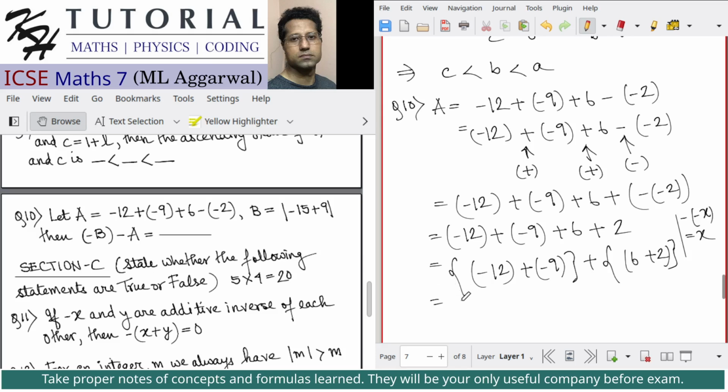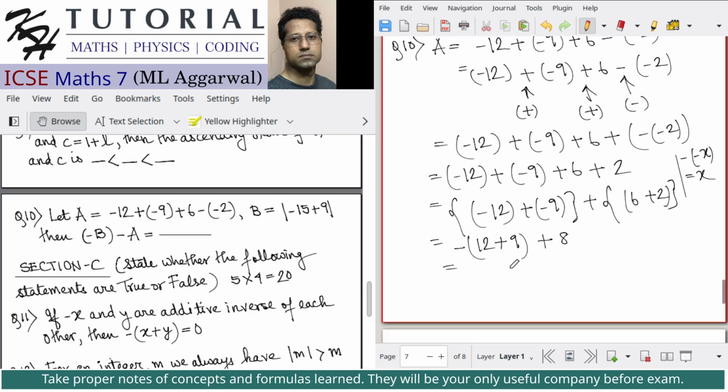The addition of minus 12 and minus 9, both negative integers, will be negative of 12 plus 9, and we have 6 plus 2 is 8. 12 plus 9 is 21. So this is minus 21 plus 8.